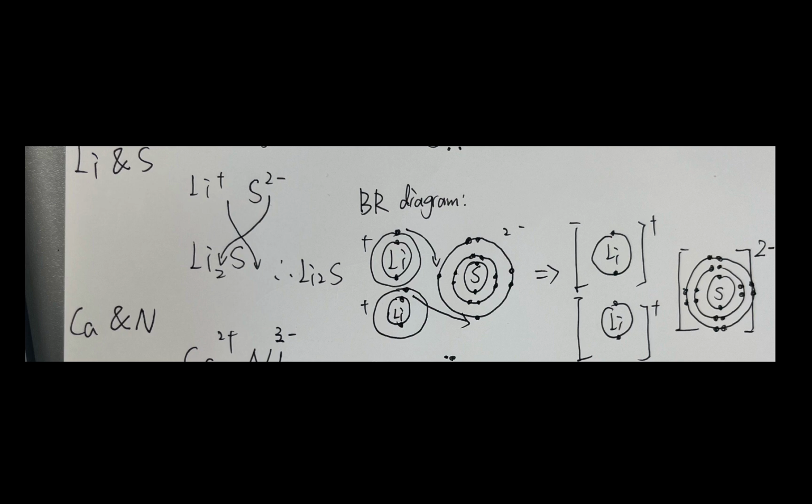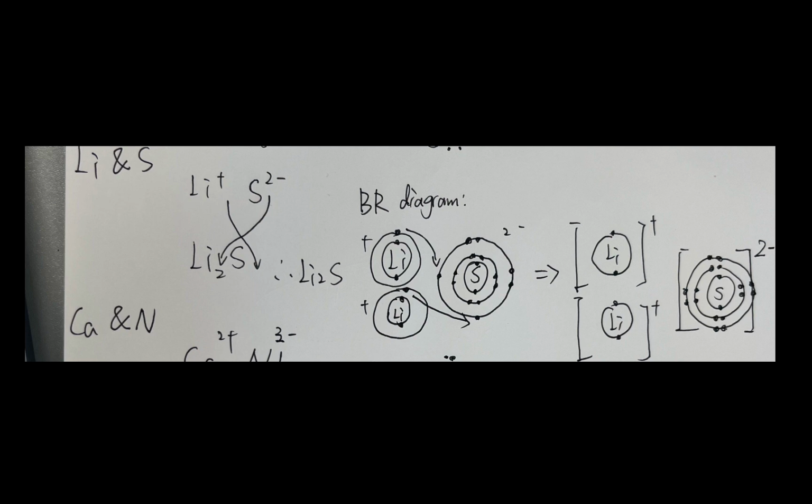For this explanation, we are required to use the Bohr-Rutherford diagram. Lithium has 1 outer shell electron each, and there are 2 lithium in total, and sulfur has 6 outer shell electrons, so we need to gain 2 in order to have 8, the full outer shell.